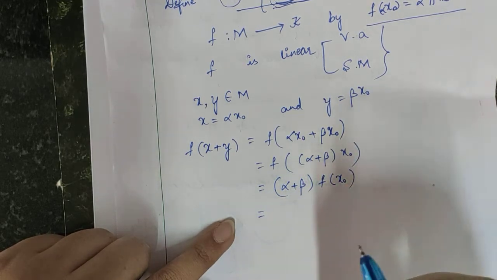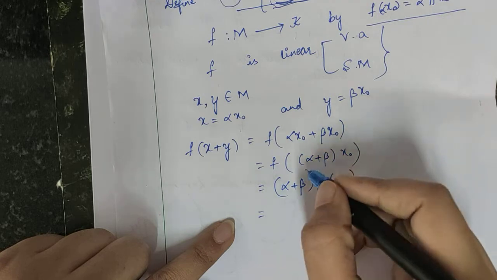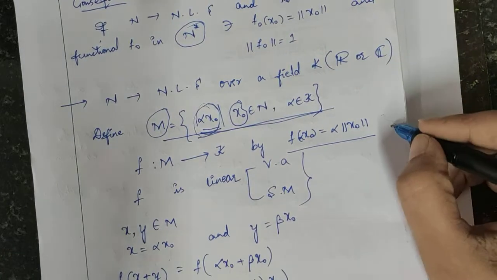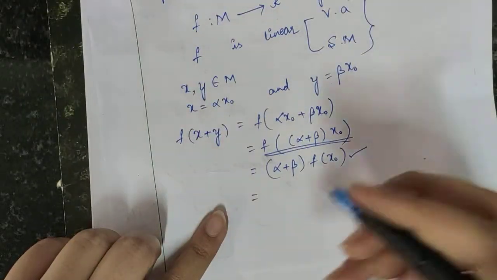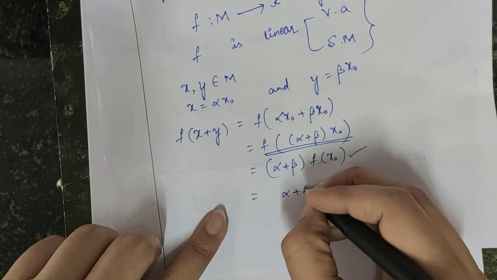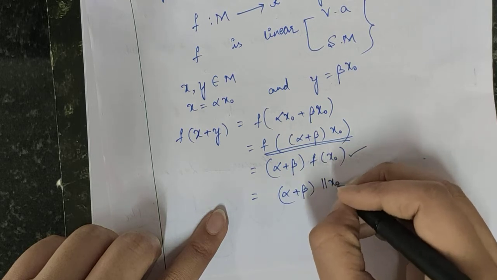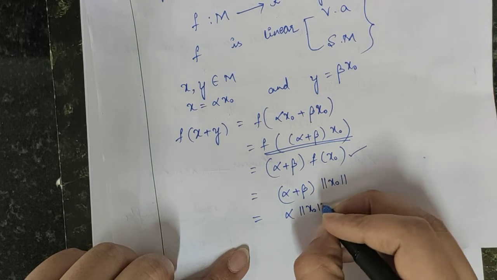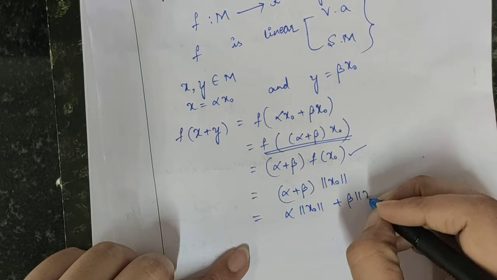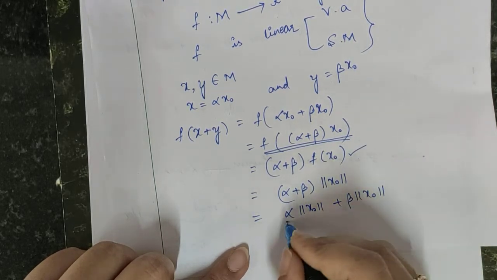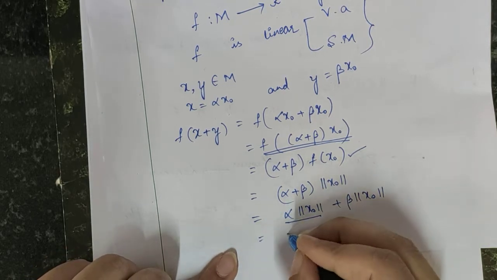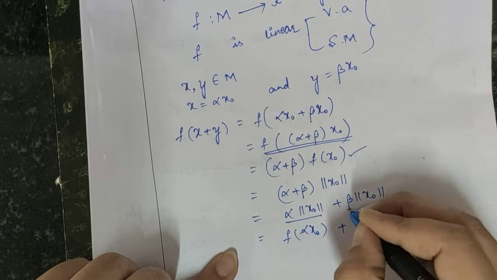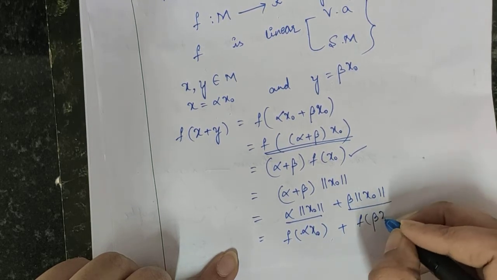Or using this definition you can directly write that (alpha plus beta) into norm x0, then this will be alpha norm x0 plus beta norm x0. So now what is alpha norm x0? This is nothing but f of alpha x0 plus f of beta x0.